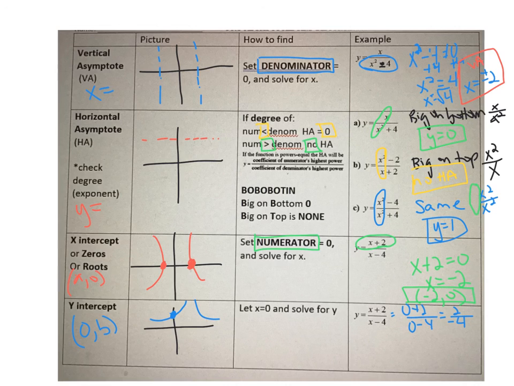So 2 divided by negative 4 is negative 2. Actually, nope, I did that math wrong. My bad. 2 divided by negative 4 is negative a half. So our y-intercept here would be the point (0, negative a half).